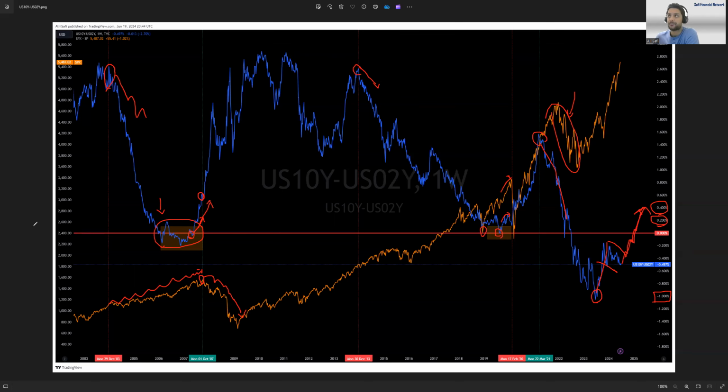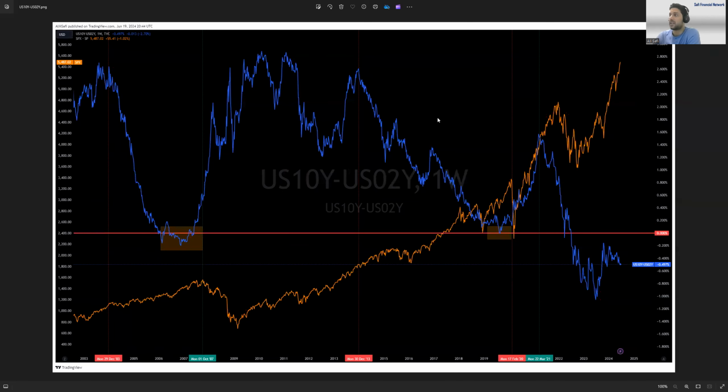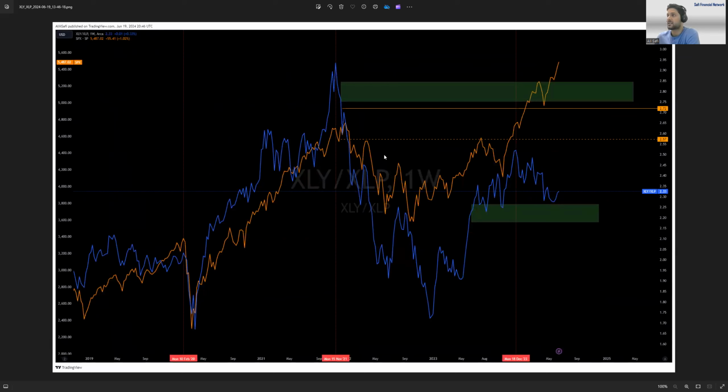Moving on to the next slide, this is XLY compared to XLP compared to the S&P 500. This blue line is XLY to XLP, which is consumer discretionary against consumer staples.